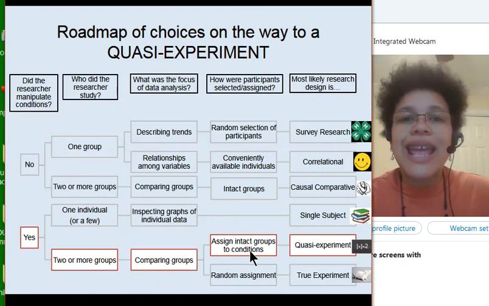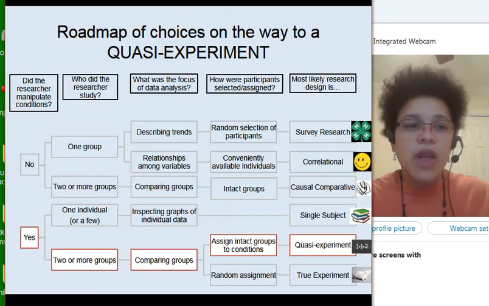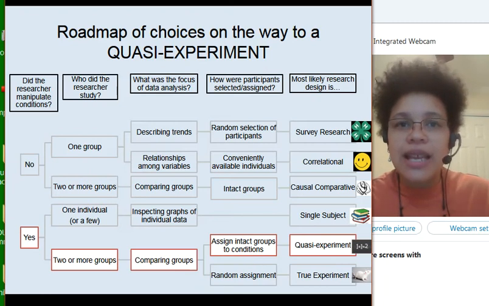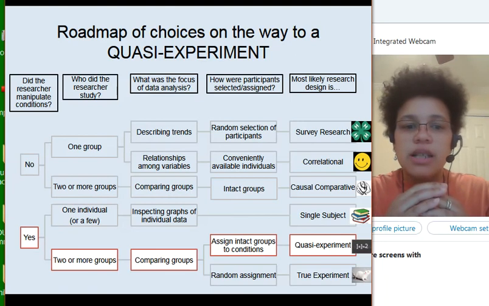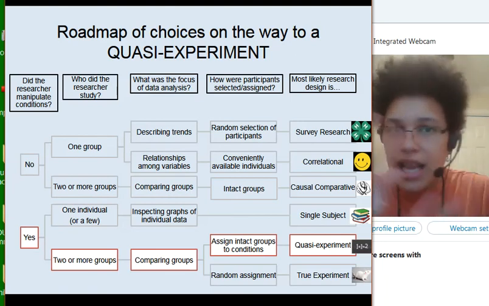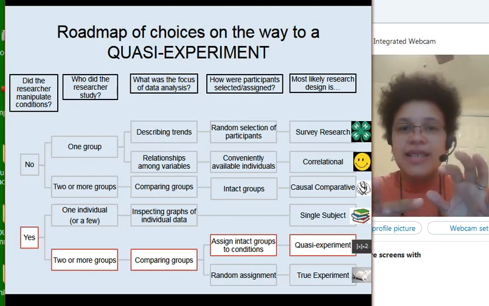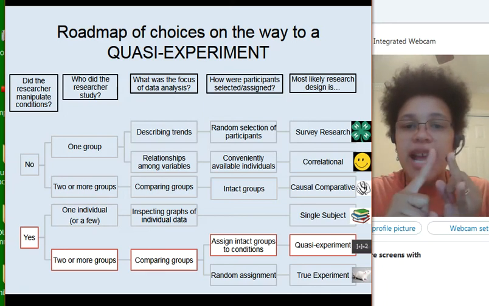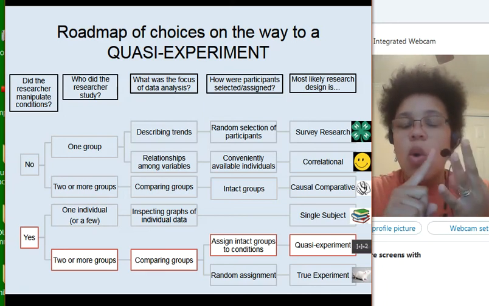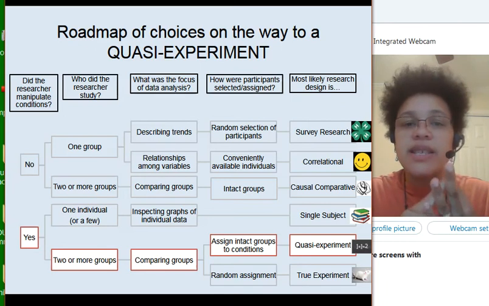You assign it. So with the rat study, Dr. Holland randomly assigned rats to either being on the Western diet, being on the keto diet, or eating standard chow.